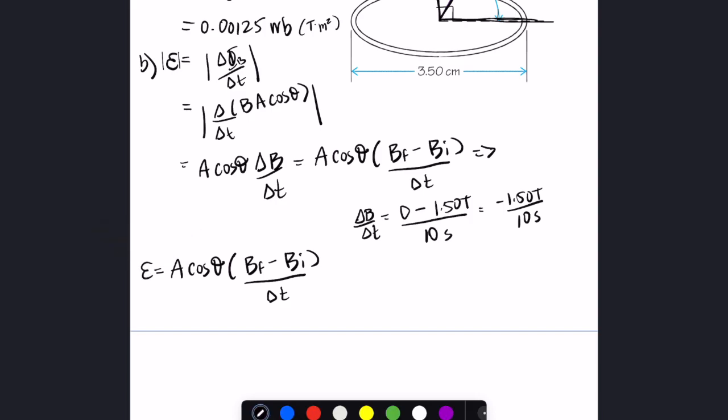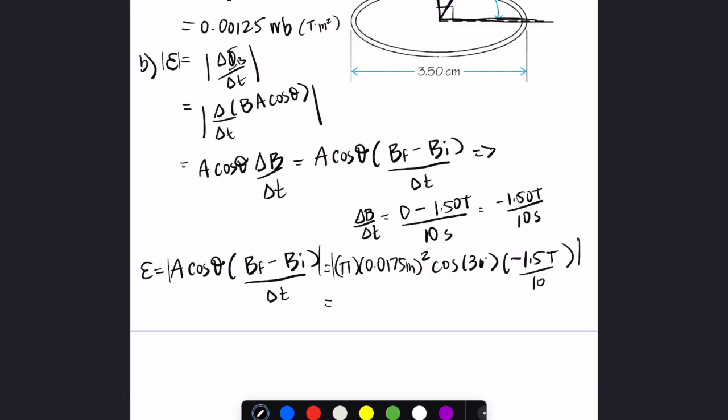Let's go ahead and plug everything in. Area was pi r squared, cosine theta, cosine of 30, and then delta B over delta T is negative 1.5 Tesla over 10. So now we put everything in the calculator, and we're going to ignore the negative sign, because everything we're doing is a magnitude.